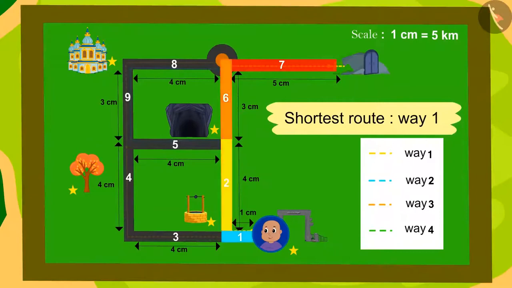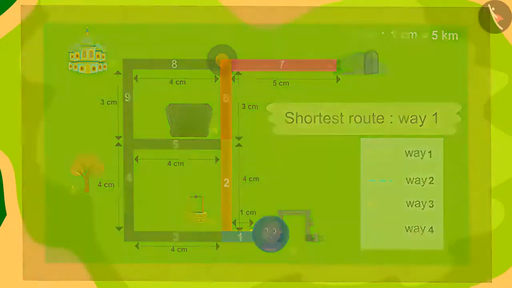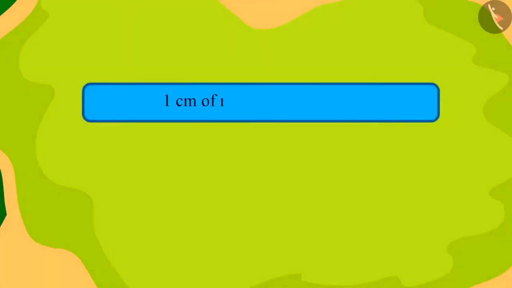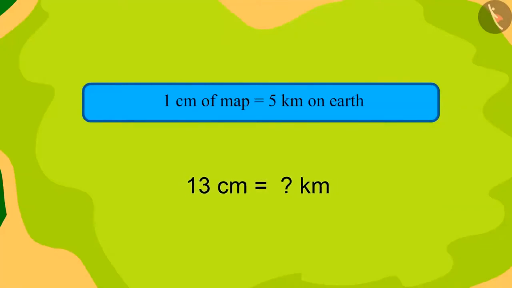We add the length of these 4 roads. How many centimeters will we get? 13 centimeter. Can you really tell the distance by looking at the scale written on this map?